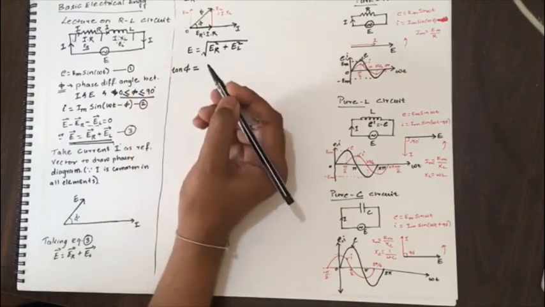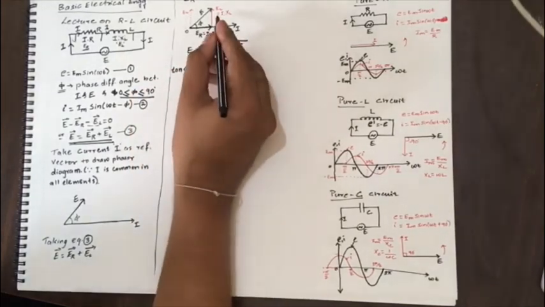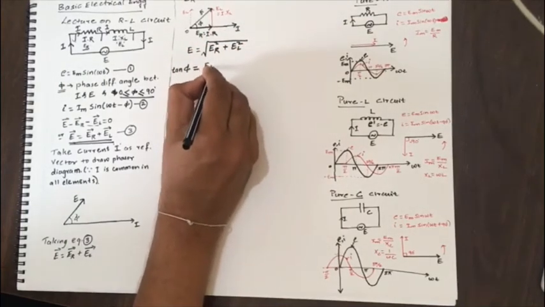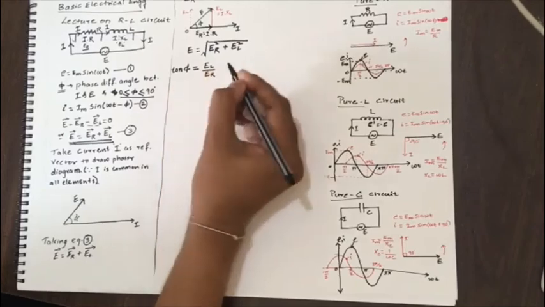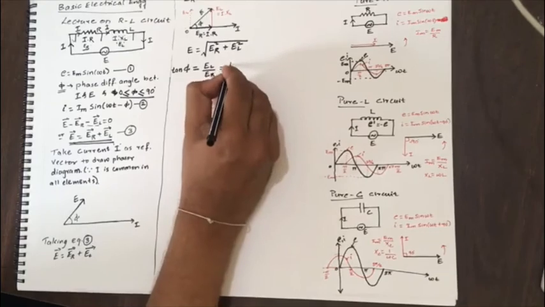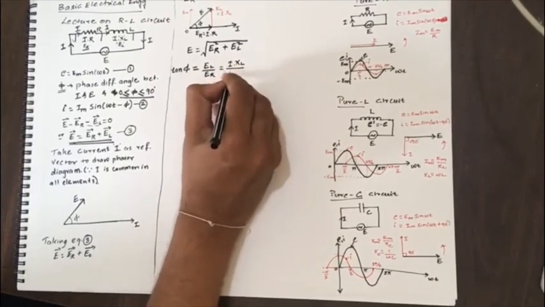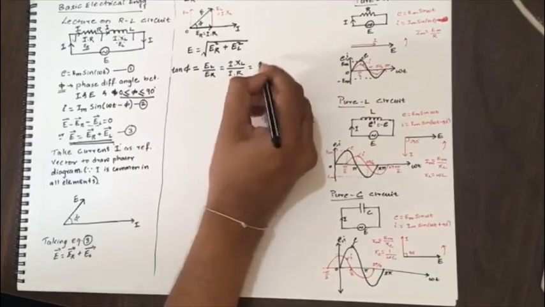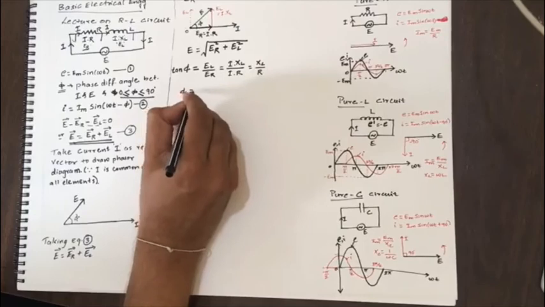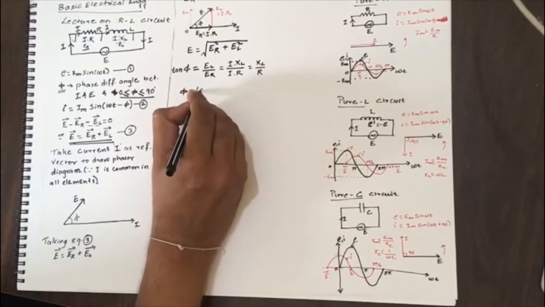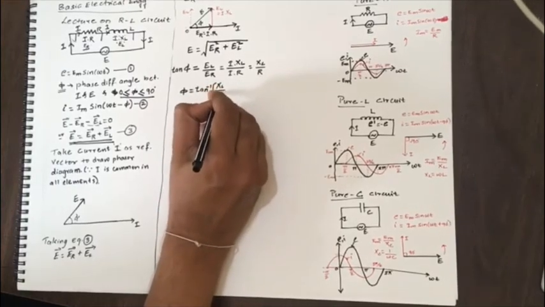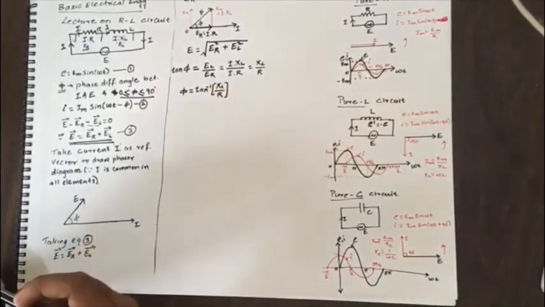Tan phi equals opposite upon base, that is EL upon ER, or I into XL upon I into R, or XL upon R. That is phi equals tan inverse of XL upon R.